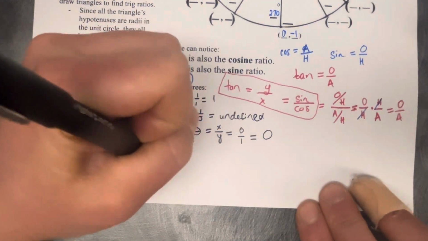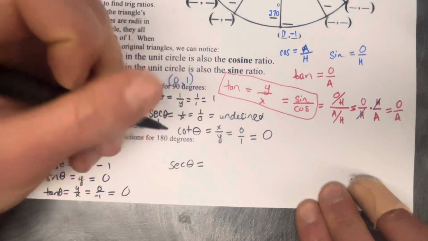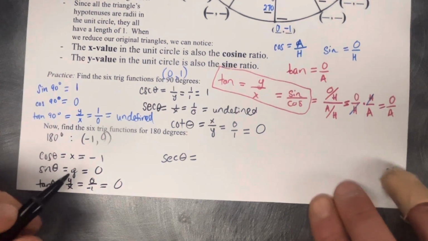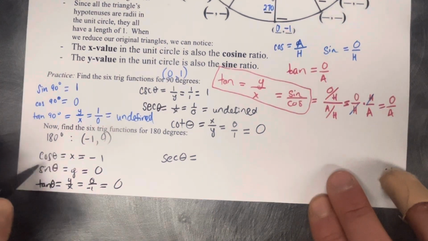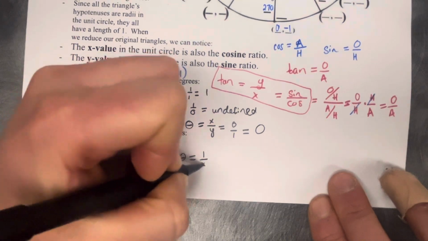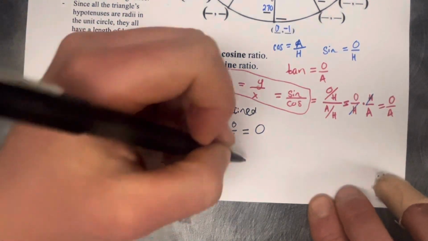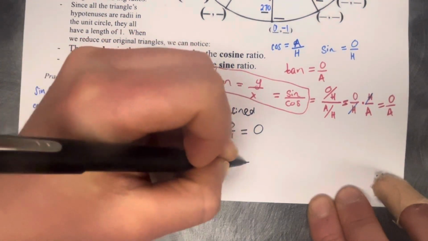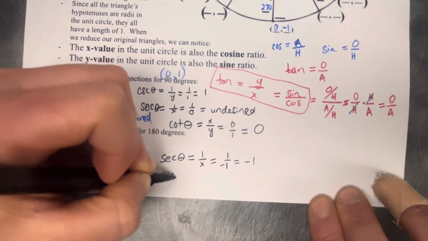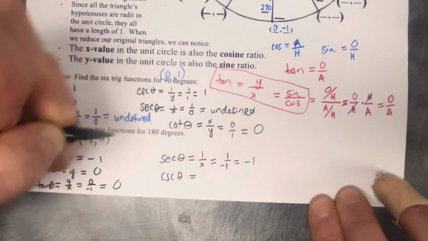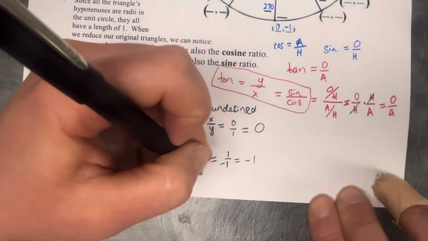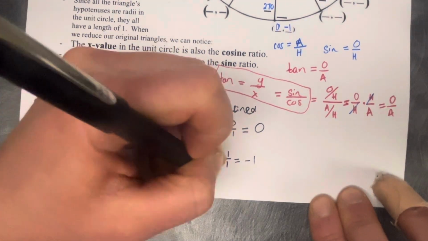Next, we'll do our reciprocals. The secant of theta is going to be the reciprocal of cosine, so 1 over x. 1 over -1 gives us -1. Then we do the cosecant of theta, which is 1 over sine, or 1 over y.